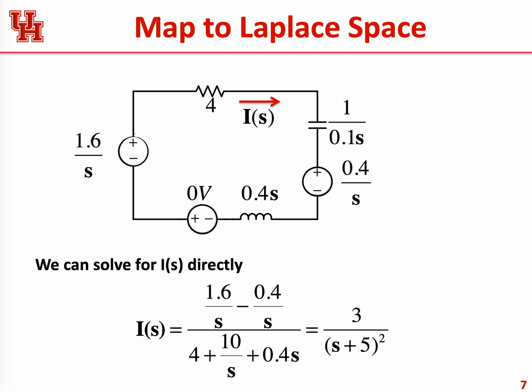All right, so we can calculate the inverse Laplace transform, and we can calculate the current through this circuit quite easily. So our next step is we're going to take a look at another example and continue along this path.